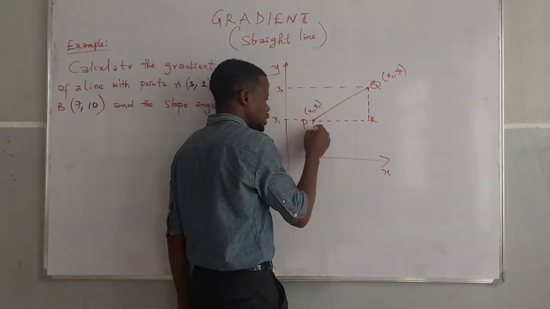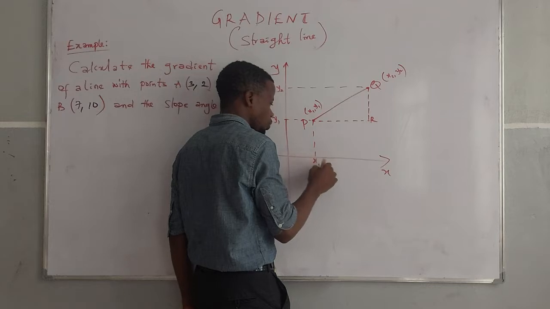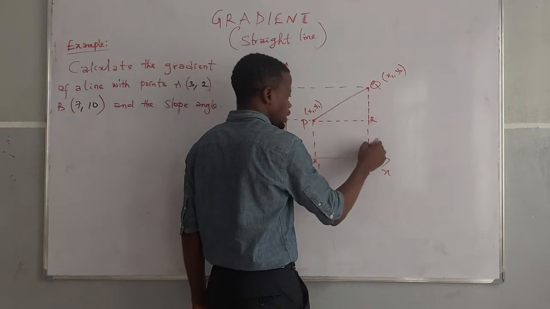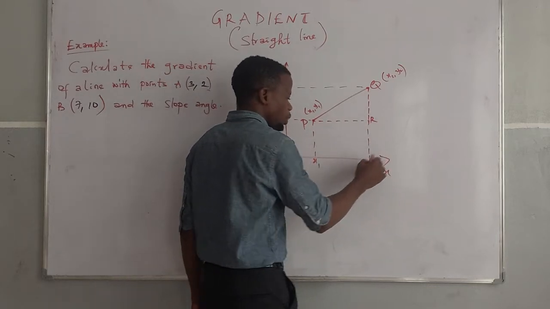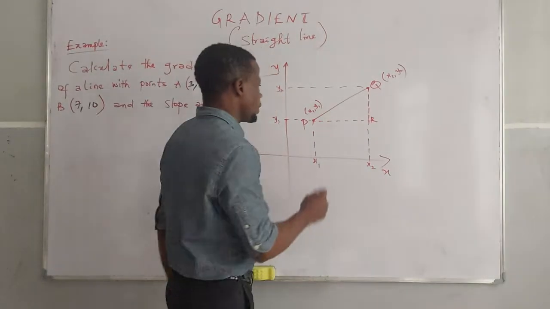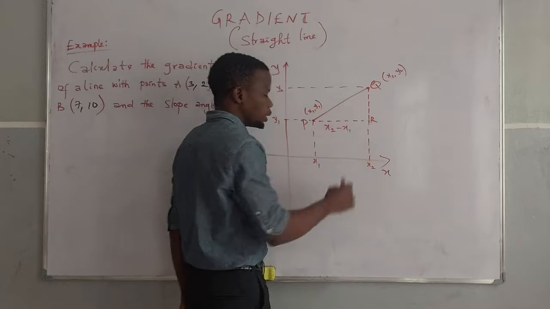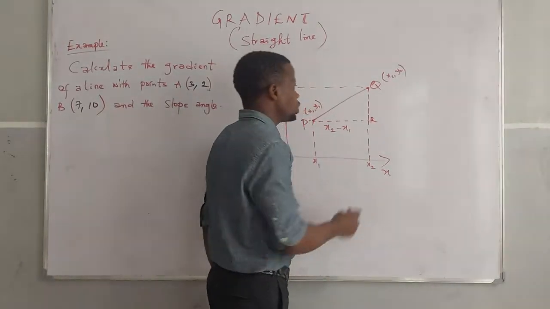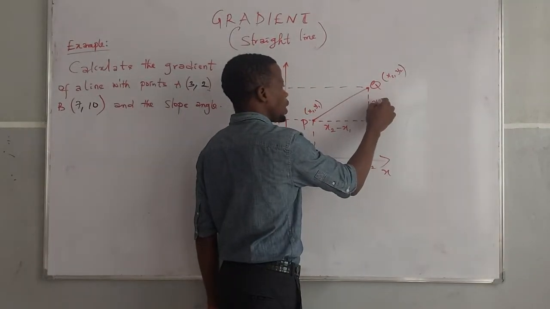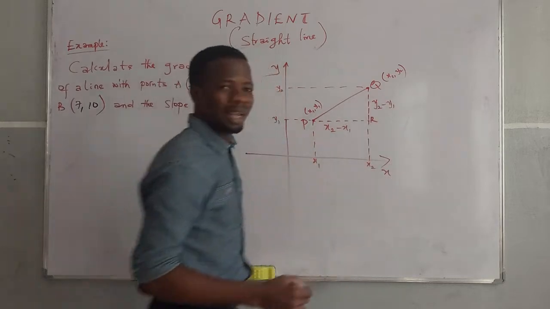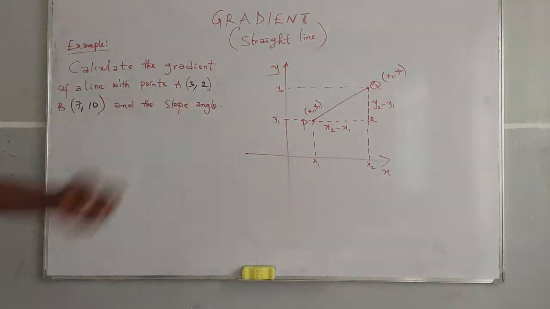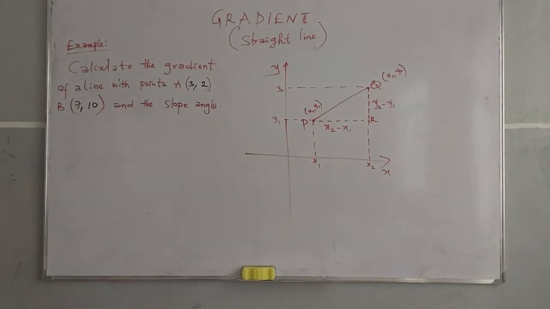If I extend this down, I have x1, and this one is x2. What does that imply? The distance between P and Q should be x2 minus x1. Equally, the distance between R and Q should be y2 minus y1, right?